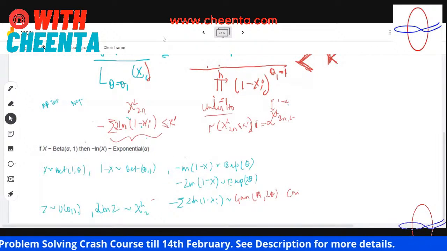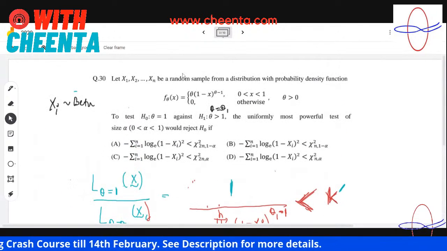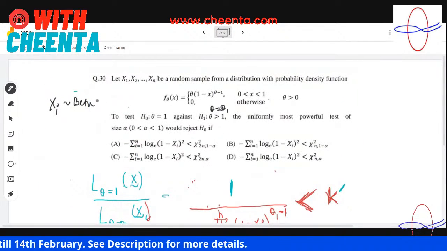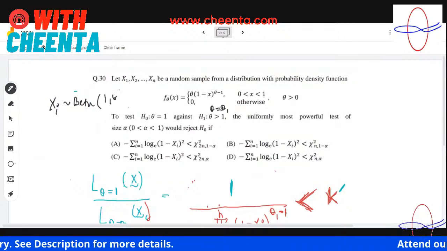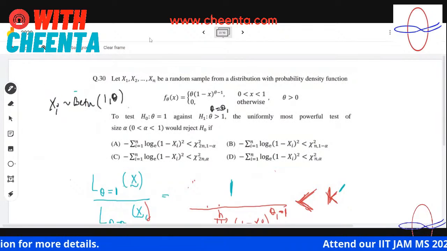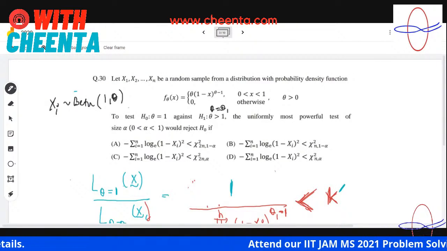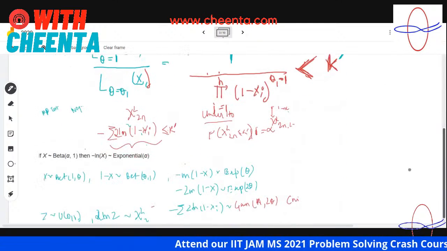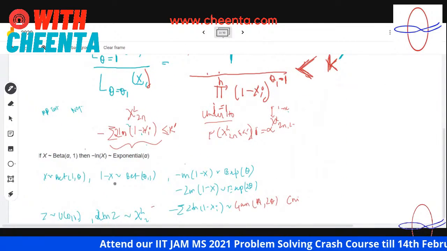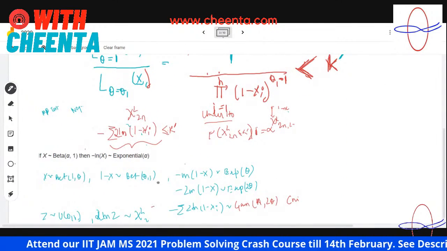Exactly, it follows beta 1 comma theta. Perfect. So observe this: x follows beta 1 comma theta, and 1 minus x follows beta theta comma 1.